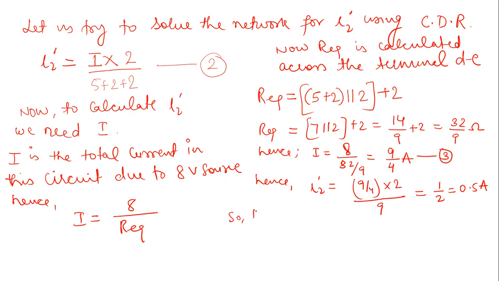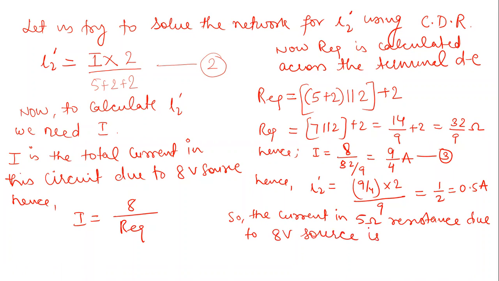So the current in 5 ohm resistance due to 8-volt source is I2 dash is equal to 0.5 ampere.